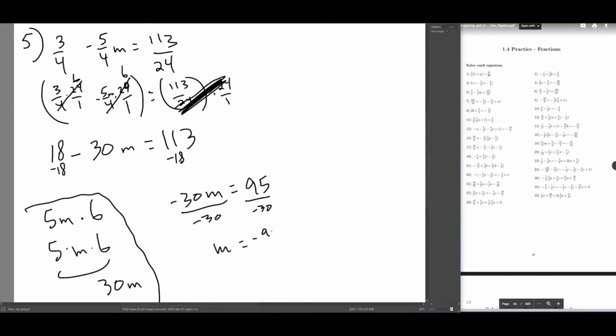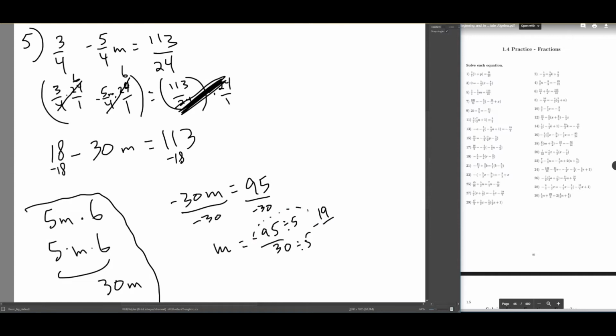That's fine. So now I want to isolate the m. So I'm going to divide both sides by negative 30 to get rid of that negative 30 in the negative 30m. All right, so now I'm left with m equals negative 95 over 30. So I guess I could divide by 15, right? Can I? Or just 5? Yeah, I think I can divide by 5. Let's divide both sides by 5.